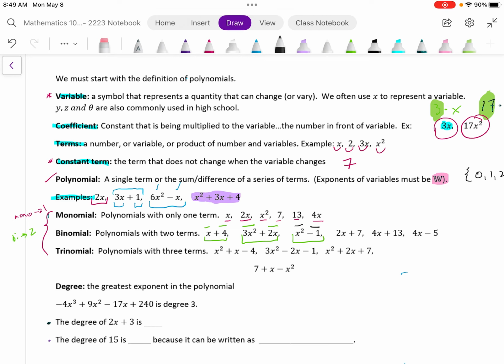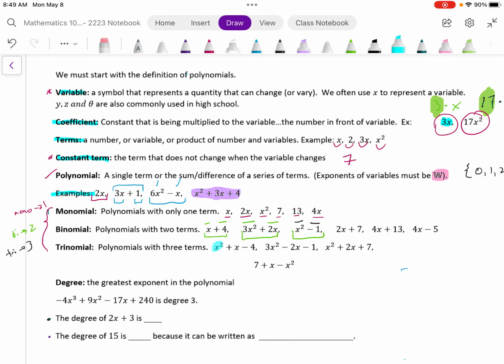Now, a trinomial, tri means 3. Think tricycle. In my first polynomial, there's one term, a second term, and a third term. So we have three terms, and each of them is either being added or subtracted. Likewise, over here, added or subtracted, three terms again.